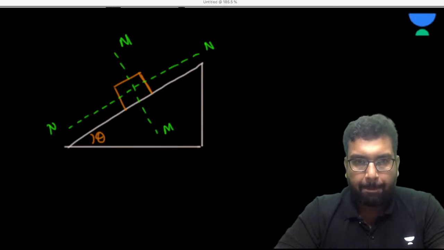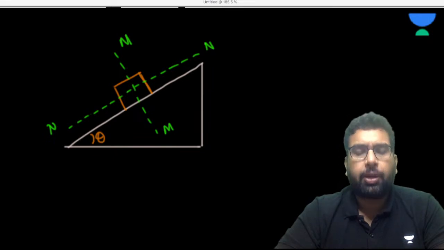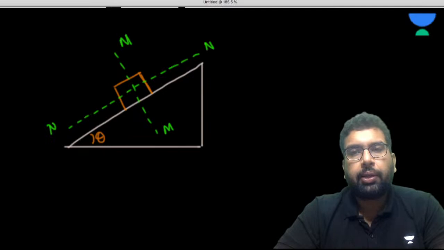Let's try. See, you can have the component of any vector in any two mutually perpendicular directions, no matter that they are x and y. Normally, students think that we do the resolution in x and y only. It is nothing like that.